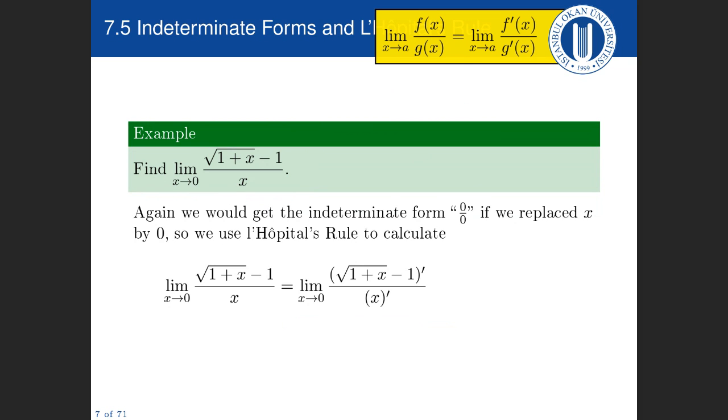And in this case, we're allowed to differentiate the function on top, differentiate the function on the bottom. The derivative of the function on the top is 1 over 2 square root of 1 plus x, and the derivative of the function on the bottom is just 1.